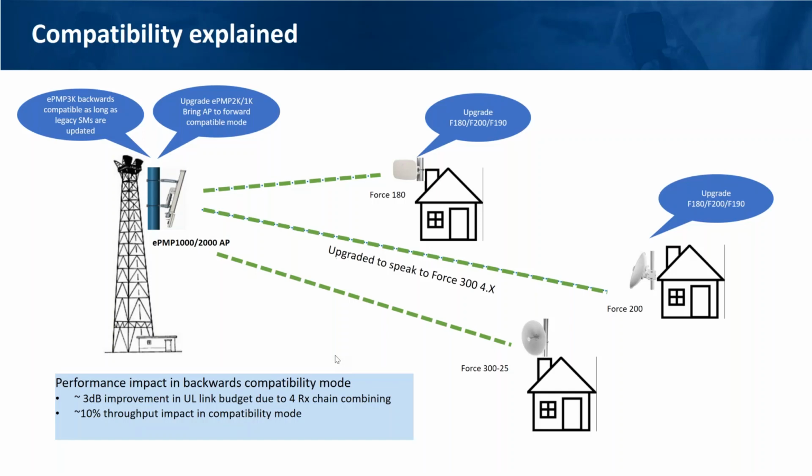If somebody's offering 120 SMs all connected at the same time, if every SM was active at the same time, then obviously you take your total capacity based on the modulation and signal level, and you divide by 120. But in another scenario, in a North America market with high bandwidth packages, in an ePMP 2000, some customers will offer 40 or 50 subscribers before they say, you know what, I'm not going to add any more. So it really depends on the packages you offer.